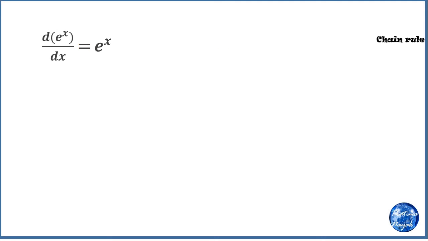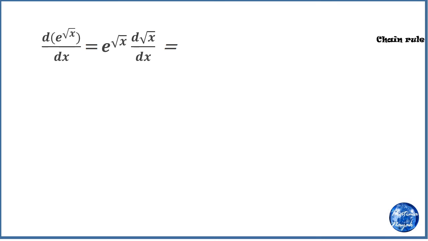E to the power x derivative is e to the power x. This is the simple formula. Now with this we will do some chain rule questions. E to the power minus x will be minus e to the power minus x. E to the power root x: here fx is equal to e to the power x, gx is equal to under root x.